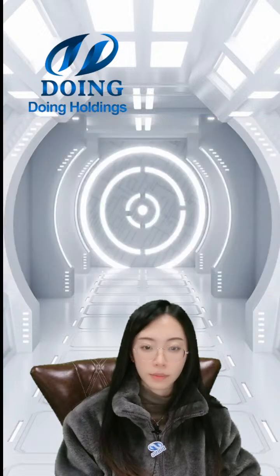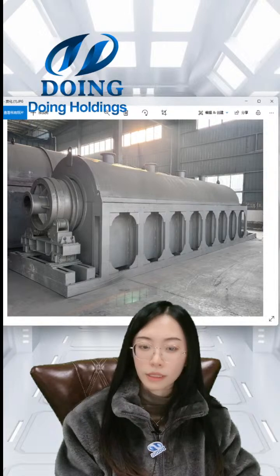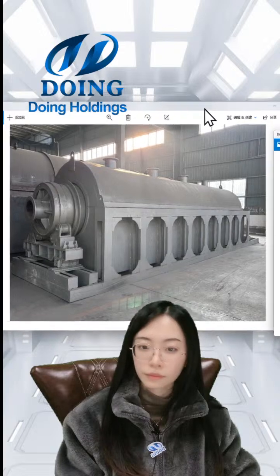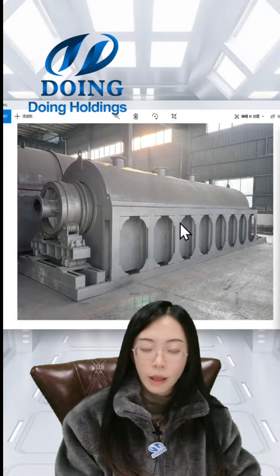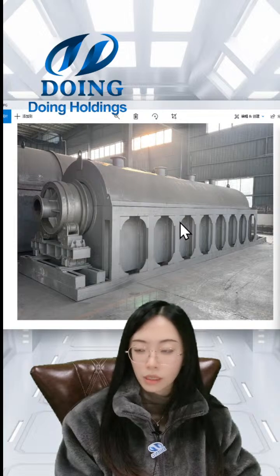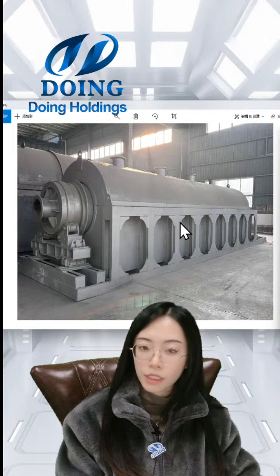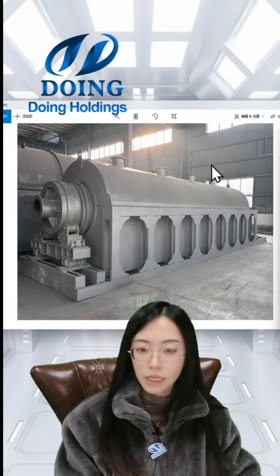Okay, and here are some pictures of the furnace, what it looks like. This is a small capacity one, like 1 ton, or just more than 50 kilograms per hour. We also have some larger ones to process 2 tons, 3 tons each hour.